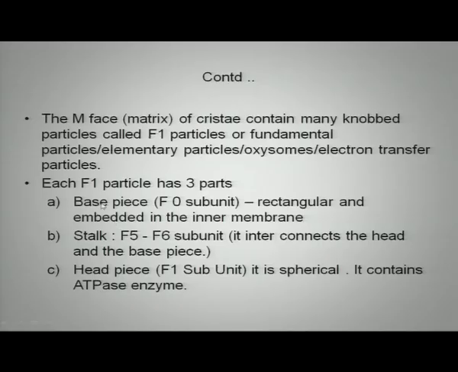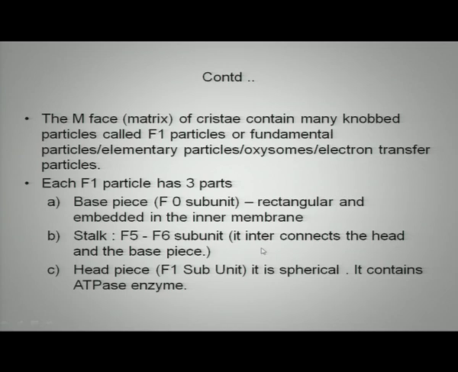So, here already I have told you it possesses 3 parts: the base piece or F0 subunit. It is rectangular in shape and it is embedded inside the inner membrane. Then there is the second part called a stalk, known as F5, F6 subunit.